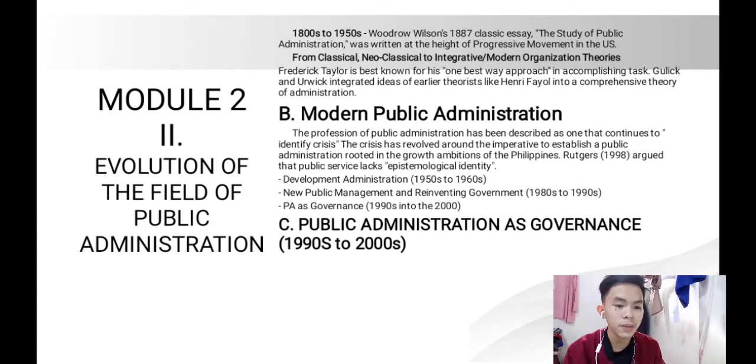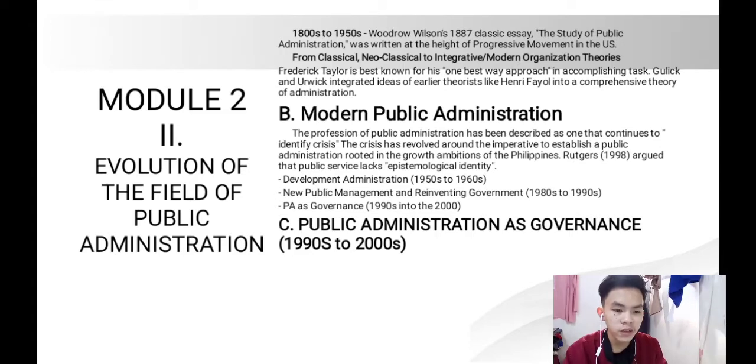The new public management and reinventing government has the best NPM practice that can be seen in New Zealand administrative reforms. Firstly, we have the catalytic government. Second, community-owned government, or empowering rather than serving.